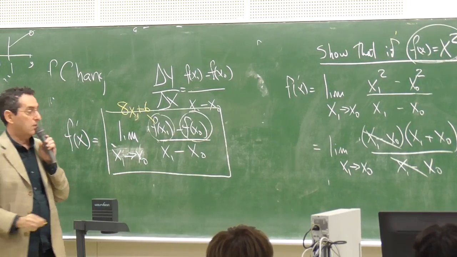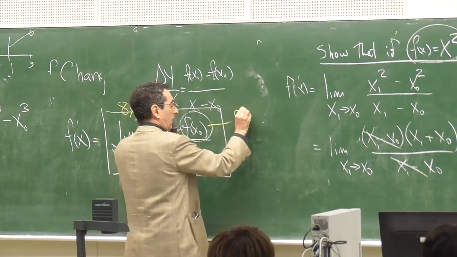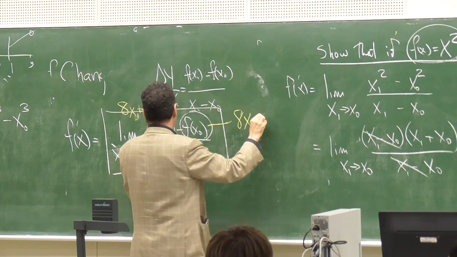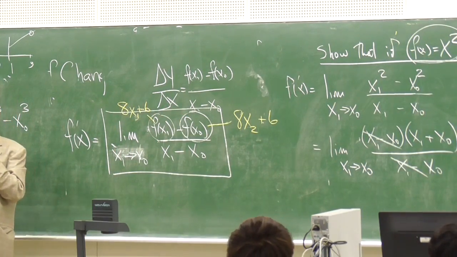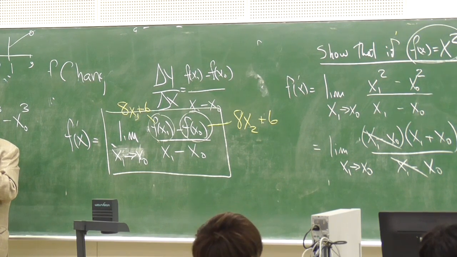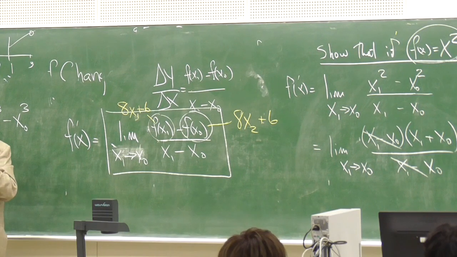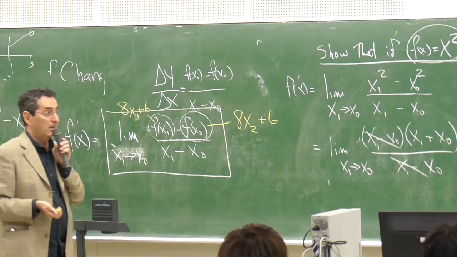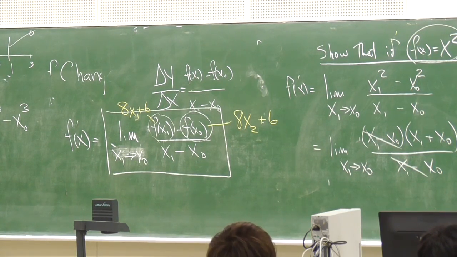And what's this one going to be? 8x2 plus 6. And then the algebra is not complicated. You don't have to do the difference of two squares or anything like that. It's just going to drop right out, and you're going to end up with 8. So what is the derivative of this? 8.